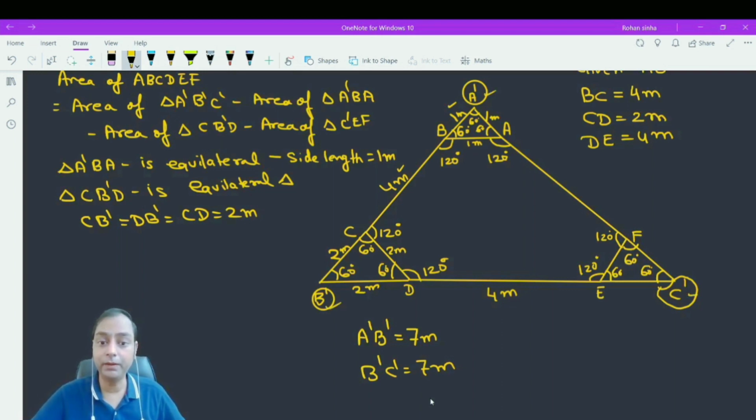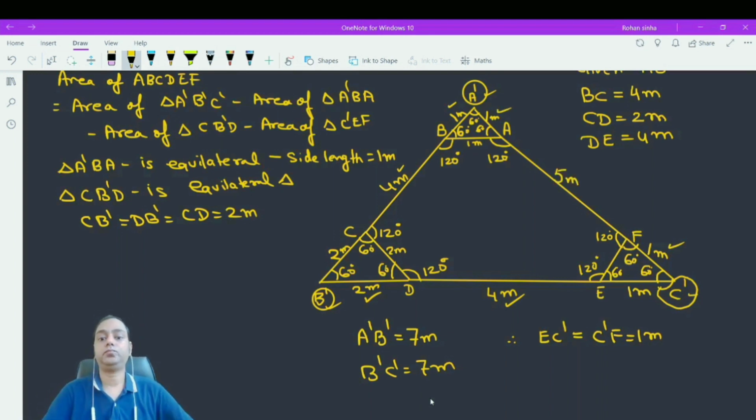So if this is 7, what does it mean? This means this is 2 meter, this is 4 meter. This means EC dash is equal to 1 meter, and FC dash is also 1 meter. So EC dash is equal to C dash F, equal to 1 meter. And what about FA? This is 1 meter, this is 1 meter, so FA is equal to 5 meter.